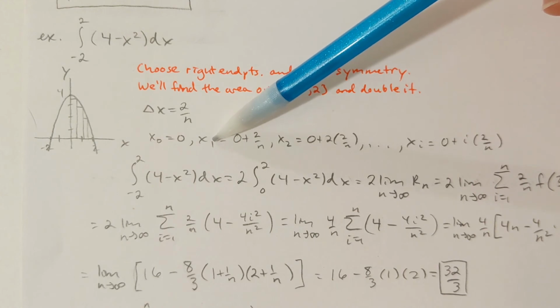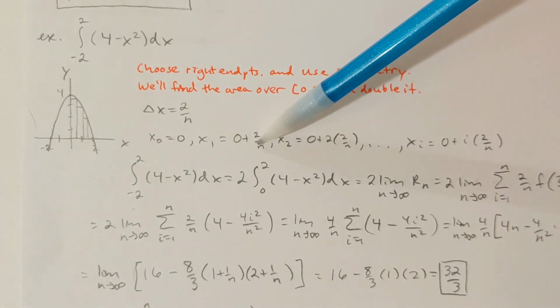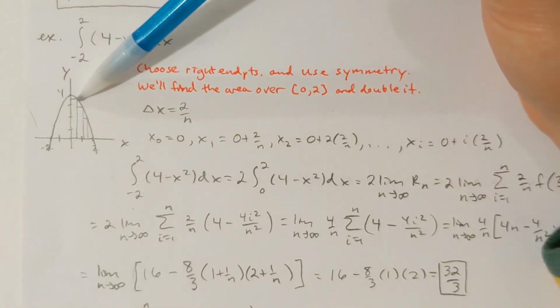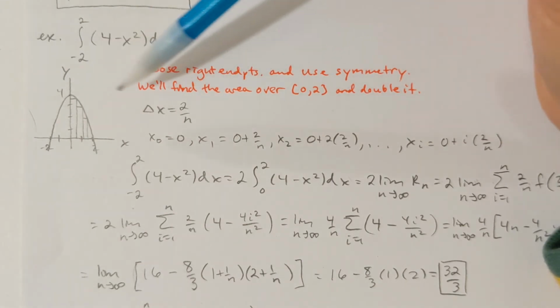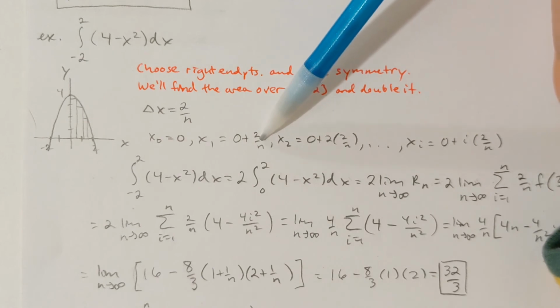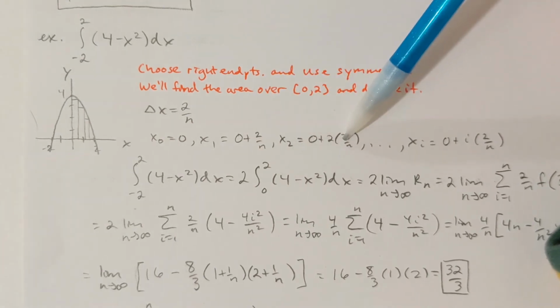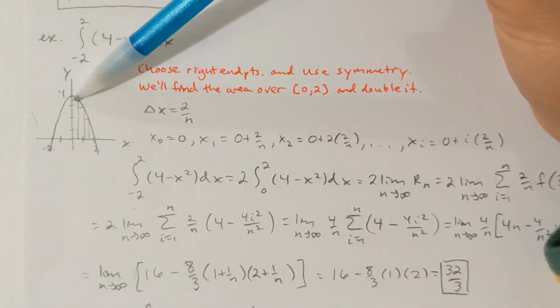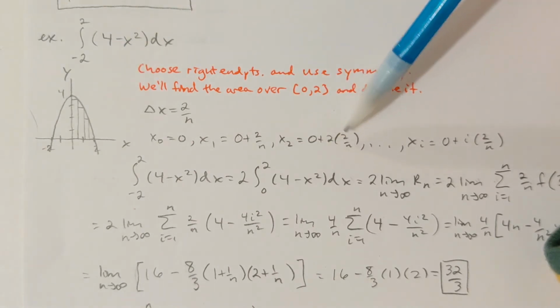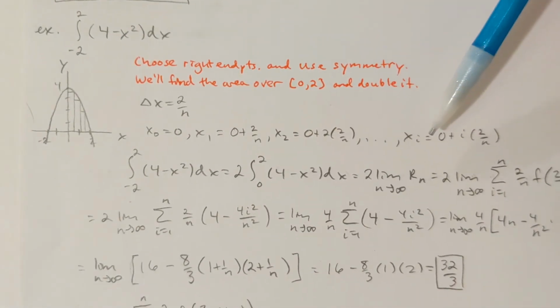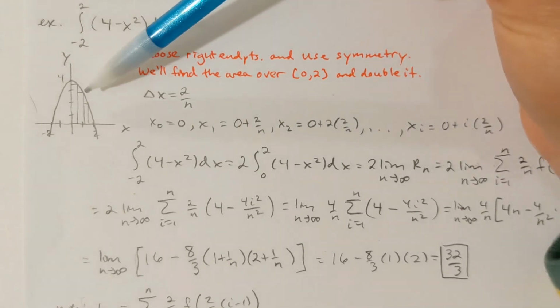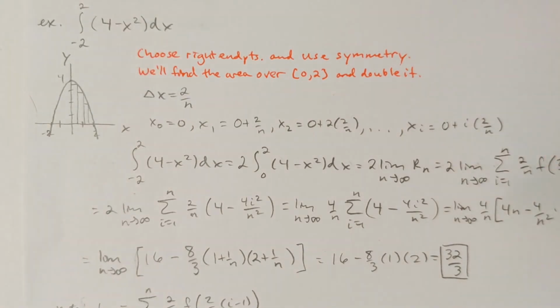Okay, x sub 1 is where the first right endpoint touches the curve. I'm using right endpoints here, I've indicated that. And that's going to be at 1 increment of the width away from 0. X sub 2, the next right endpoint, would be at 2 increments of the width away from 0, etc. The ith right endpoint would be at i increments of the width away from 0.